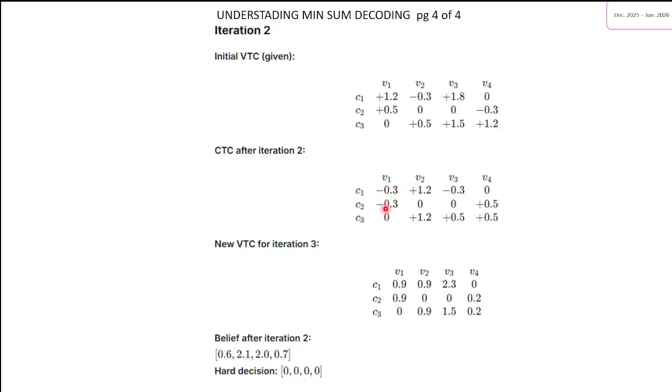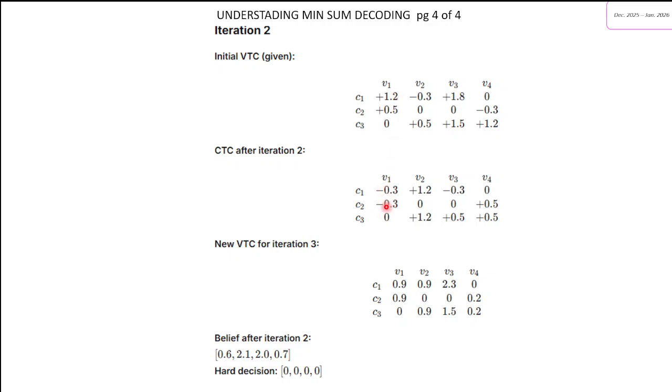This will sum up to minus 0.6, and this should sum up to plus 2.4, plus 2.4 minus 0.3 gives this plus 2.1.